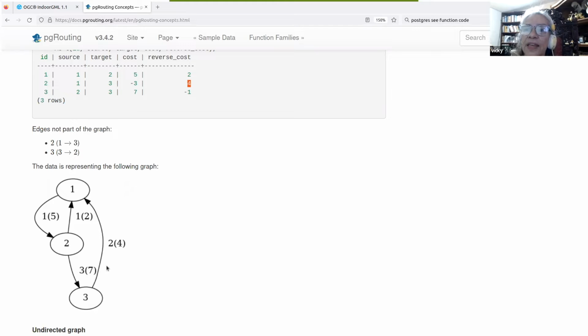So that edge with ID 2 and weight 4 is this one, goes from 3 to 1. And finally, the edge that goes from 2 to 3 with cost 7, it would be this one. And there is no edge going from 3 to 2.